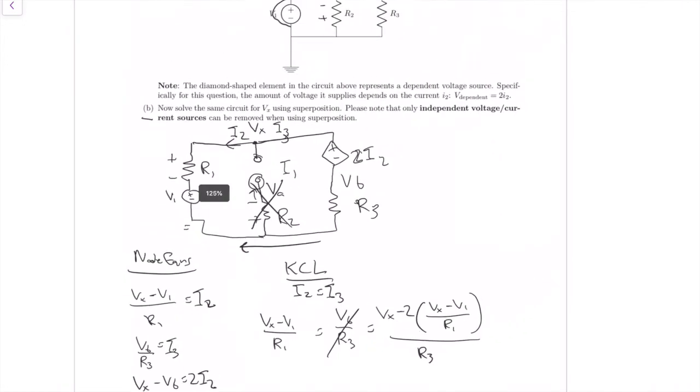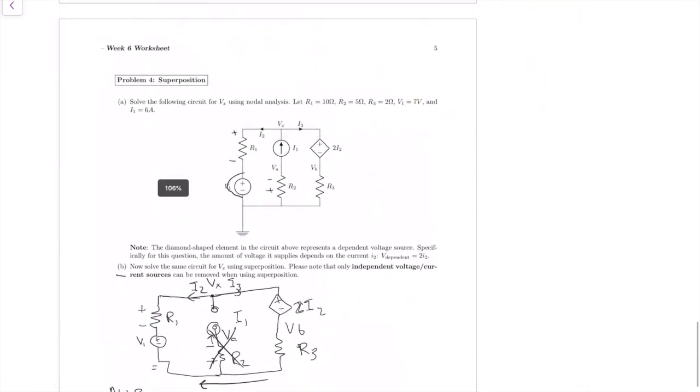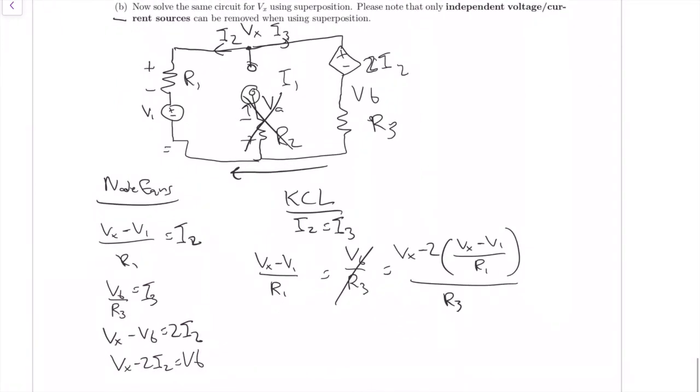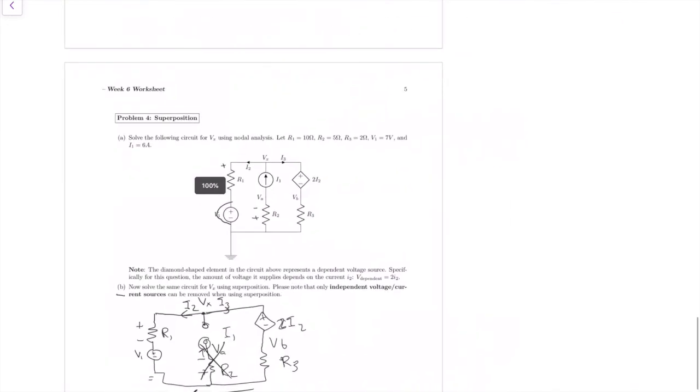Let's do some plugging in of numbers. So we don't know Vx, but we do know V1, which is 7. So V1 is 7 and R1 is 10. Vx minus 7 over 10 is equal to Vx minus 2 times Vx minus V1 over 10, all over R3, which is 2.